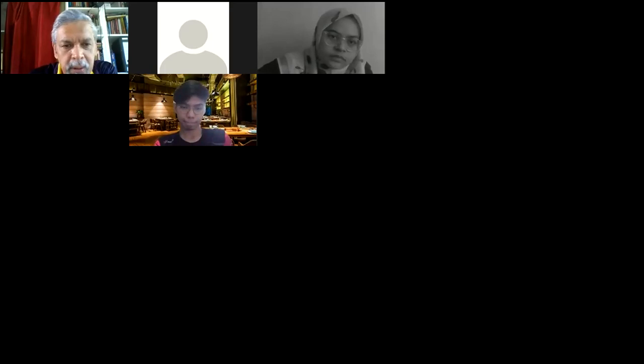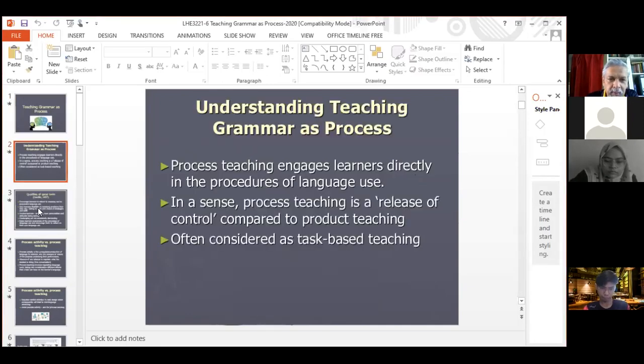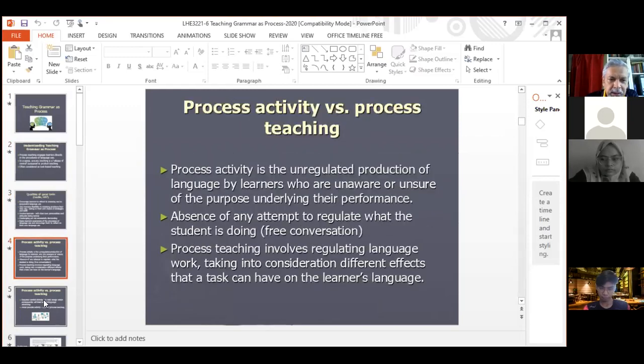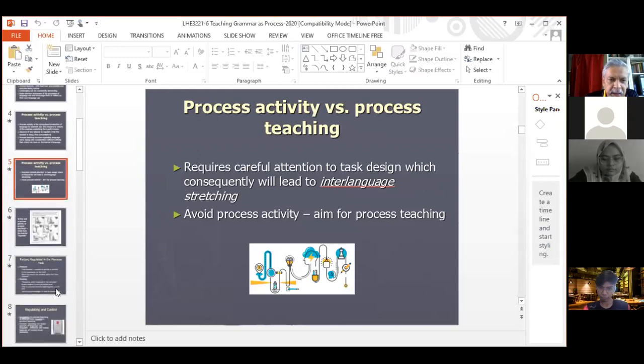So we were here teaching grammar as process. I think we went through all this, the fact that teaching grammar as process is like the task.